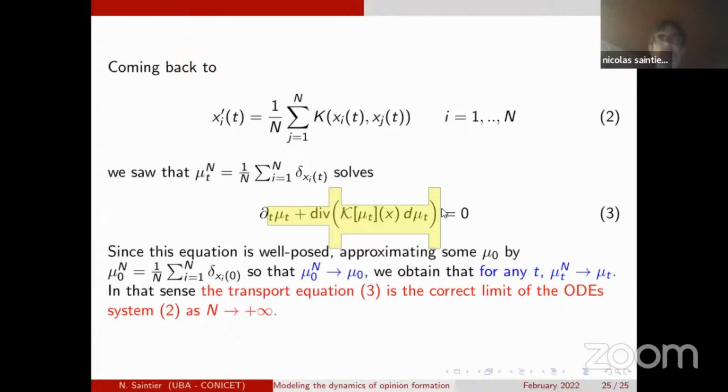And tomorrow, just to give you a feeling of what we'll be doing, we'll see another approach to model opinion dynamics, more based on a kinetic approach. We'll be following papers by Giuseppe Toscani and Lorenzo Pareschi.